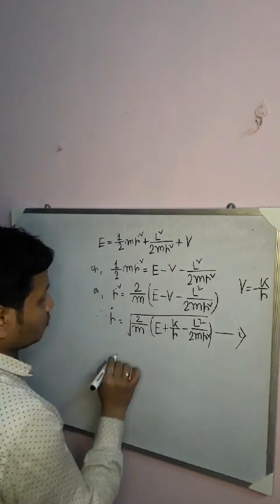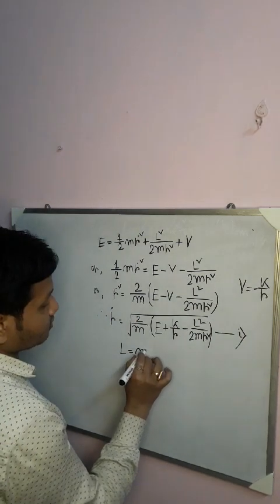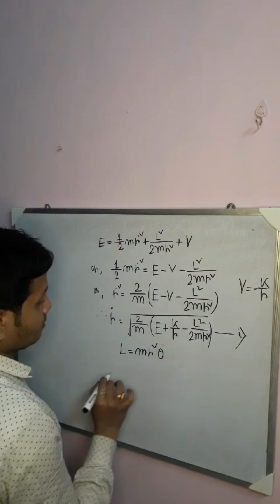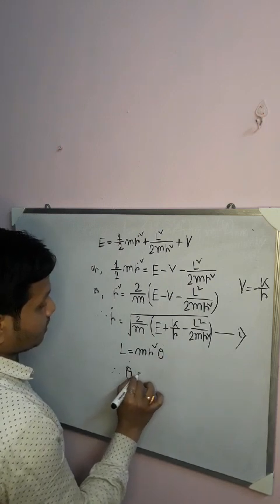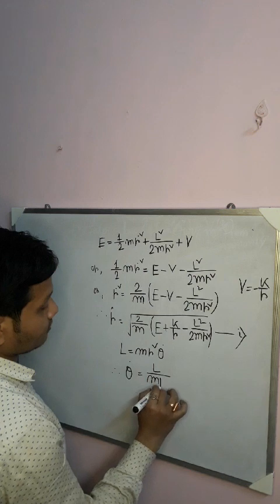And again, we all know that angular momentum remains conserved, that is m r square theta dot equals L. So what will be my theta dot? L by m r square.